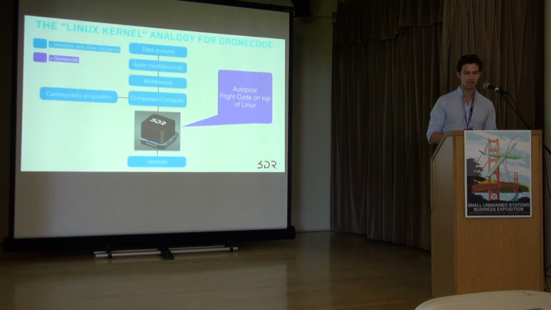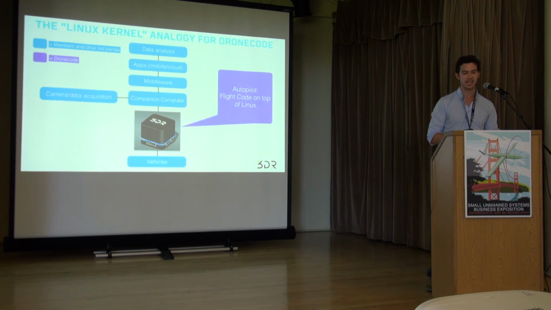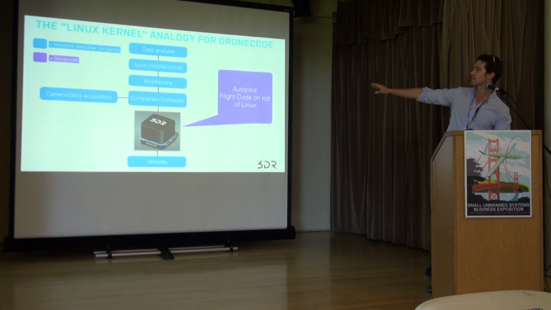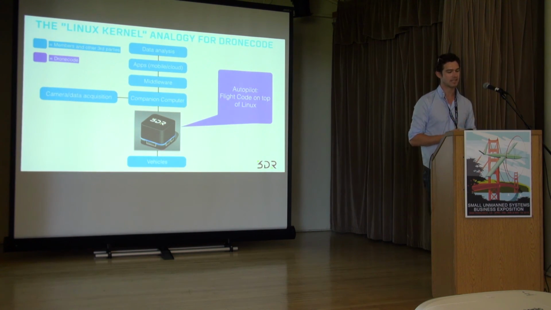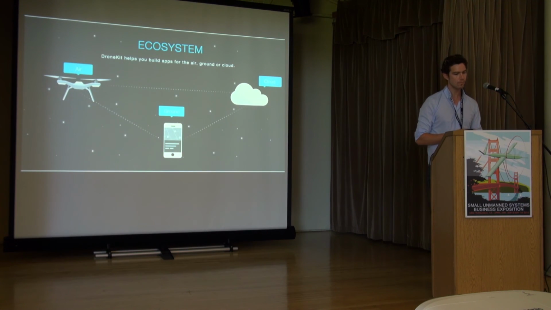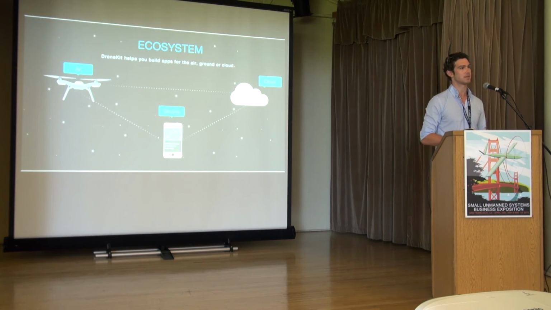So briefly, how this works is this flight code is this open source thing that you guys all know and love, and this development community has been working on for a long time. And then there's many, many levels of interaction here where anyone can insert their software into this 3DR ecosystem. You can either build on the air. So this is based in Python. This is the companion computer on top of Solo or in the transmitter.